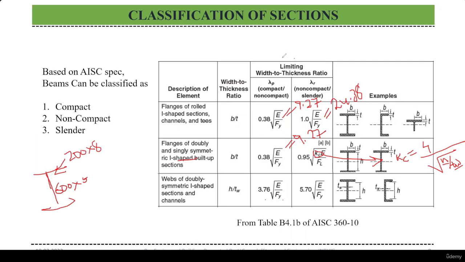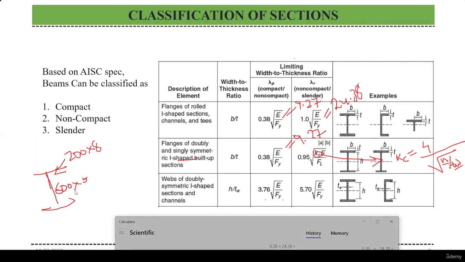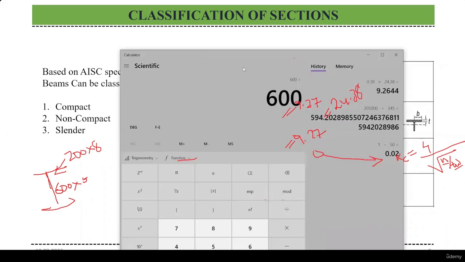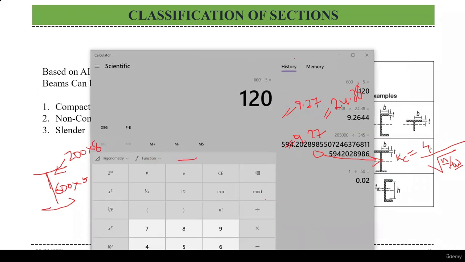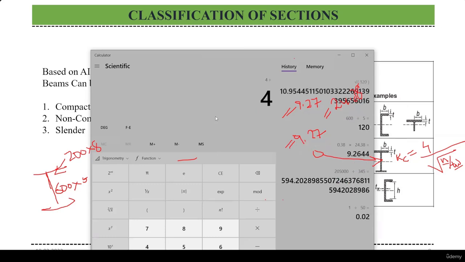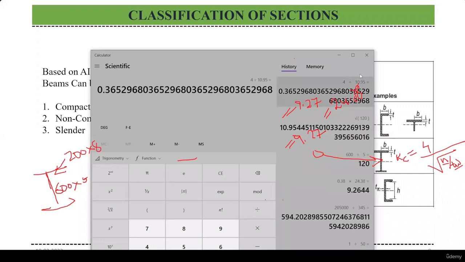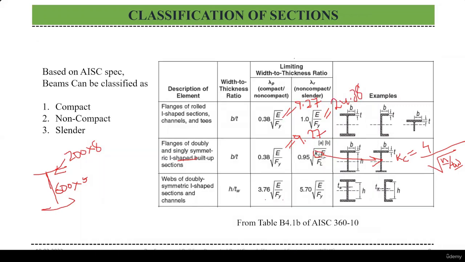What is h by Tw? The h by Tw value will be 600 by 5, which gives you 120. Root over 120 gives you 10.95. 4 divided by 10.95 gives you 0.36. So 0.36 into E by FL.